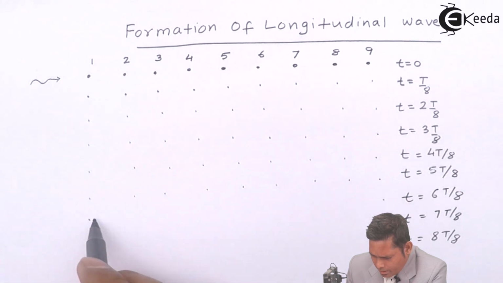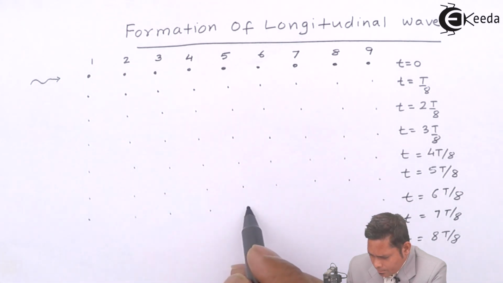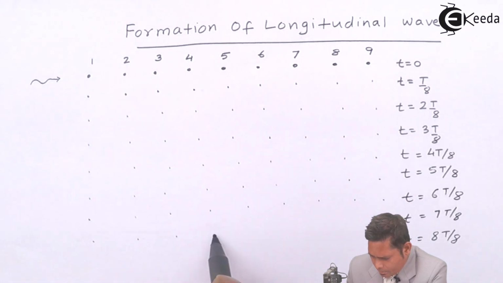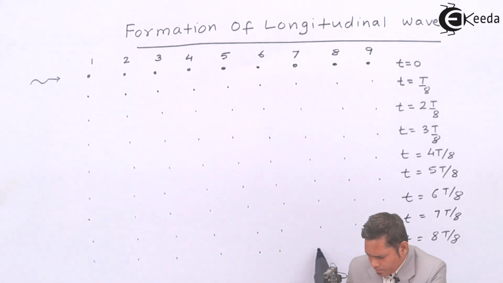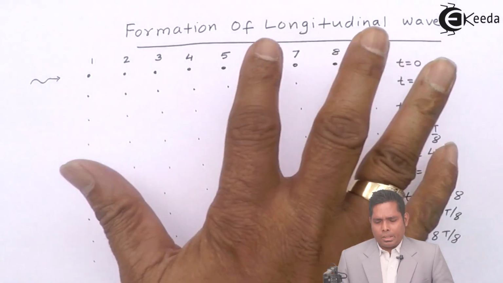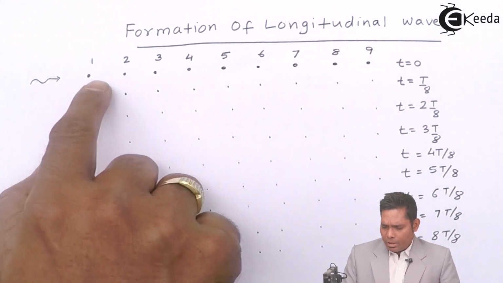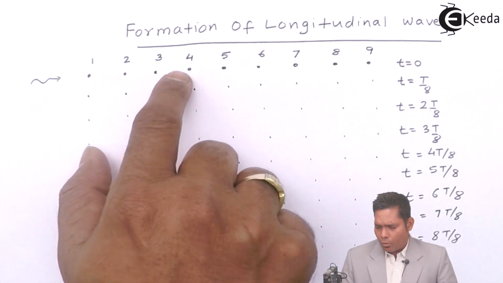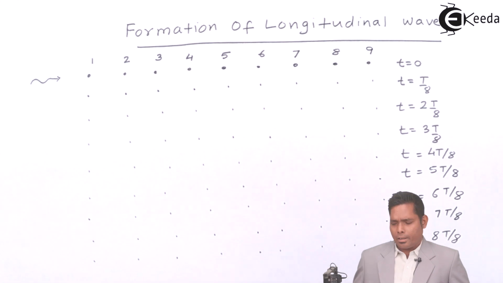Just as a reference line, you will draw this. And this is the last one. So these are the particles of the medium. I consider this line where 1, 2, 3, 4, up to 9 particles are lying in a line.